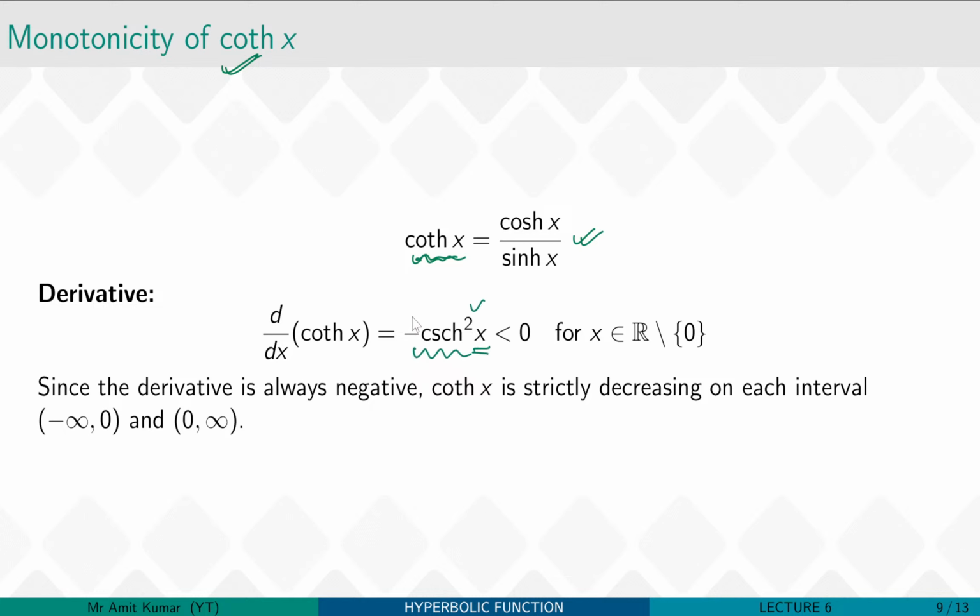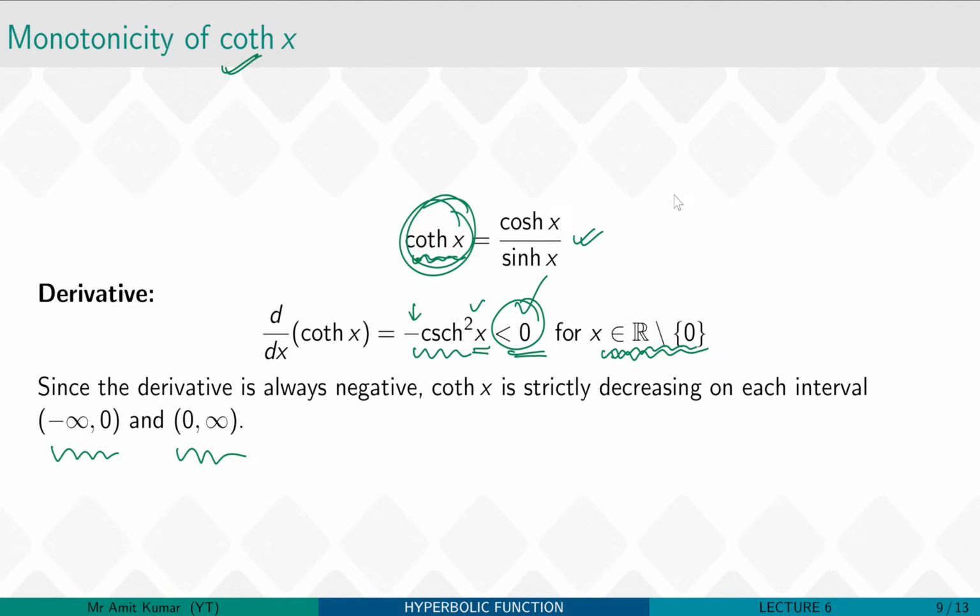And since there is a negative sign, for all x belonging to R minus 0, the derivative of coth hyperbolic x is negative. Since the derivative is negative on the whole domain, coth hyperbolic x is strictly decreasing on the intervals minus infinity to 0 and 0 to infinity.